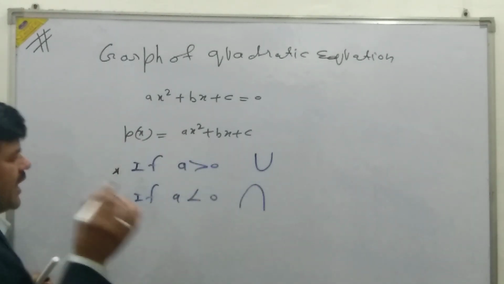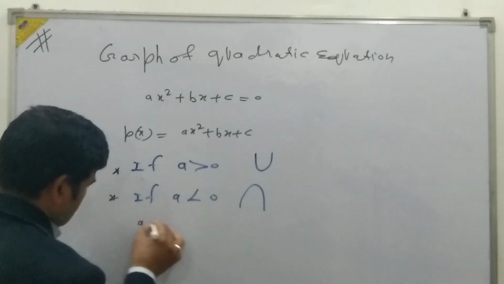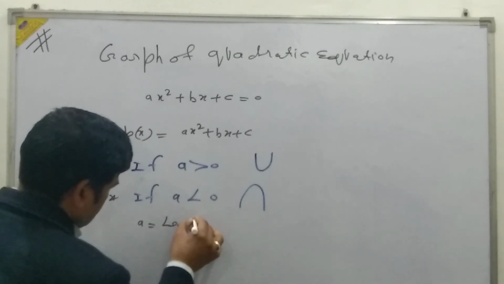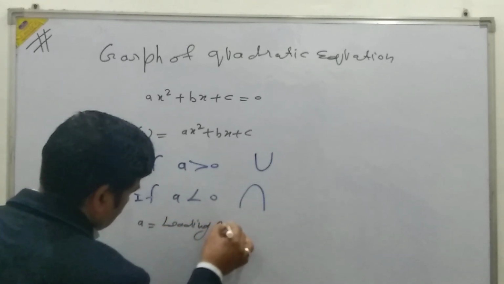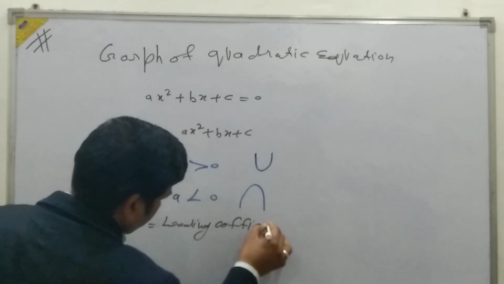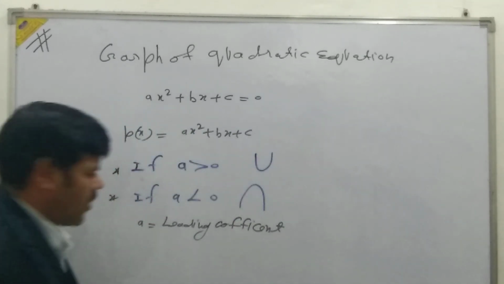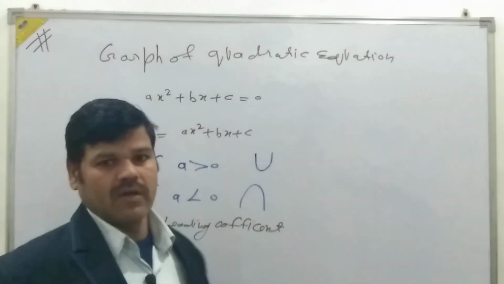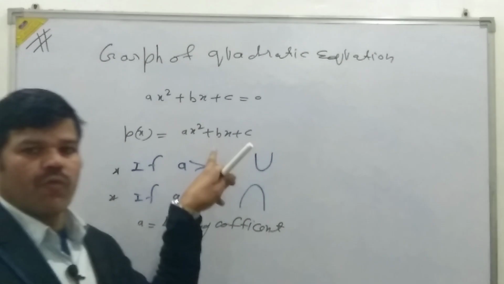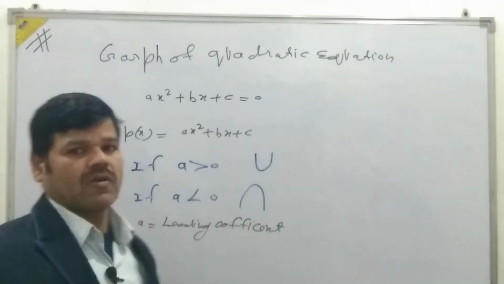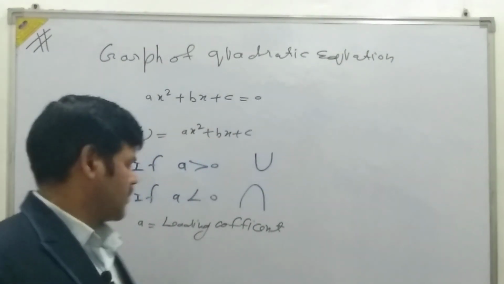A is called the leading coefficient, b is called the coefficient of x, and c is called the constant term.